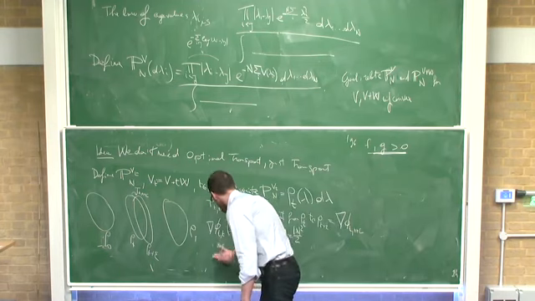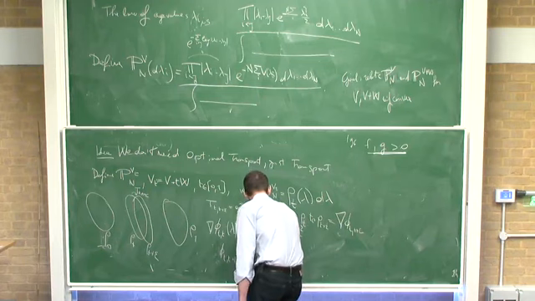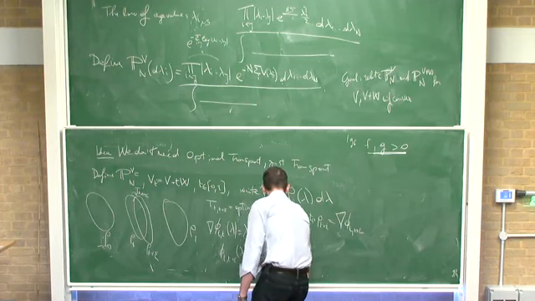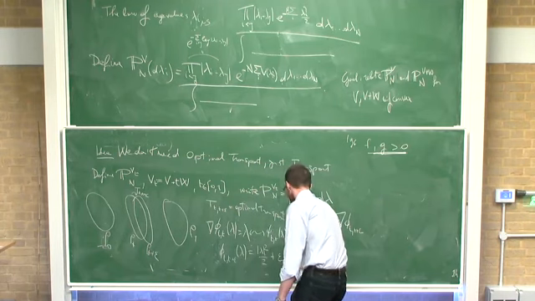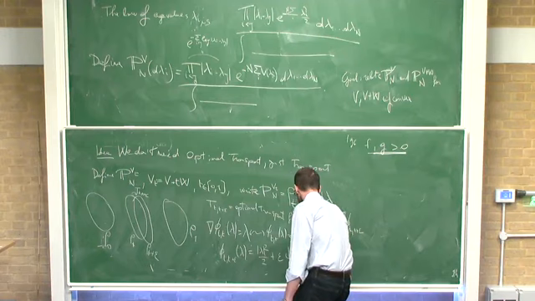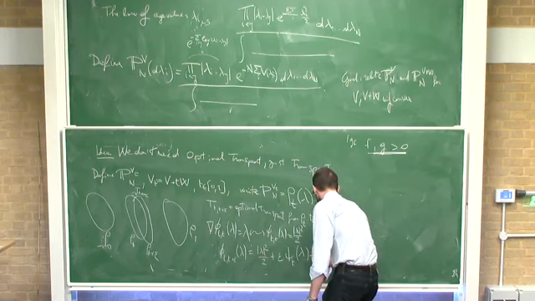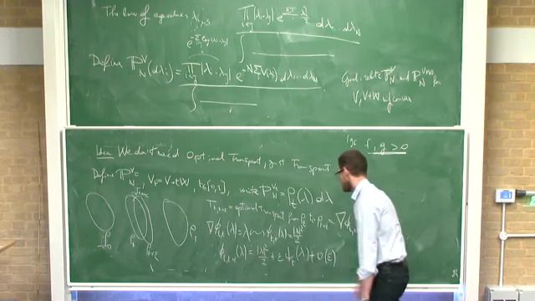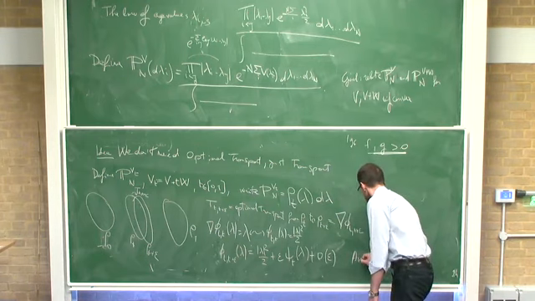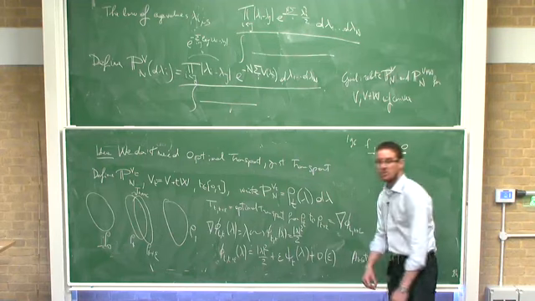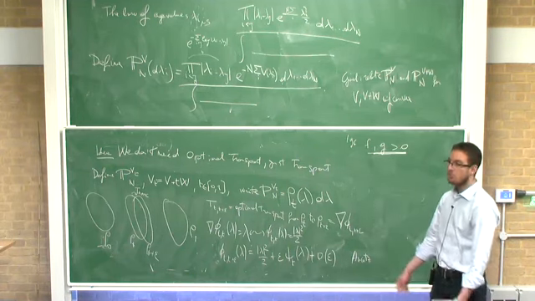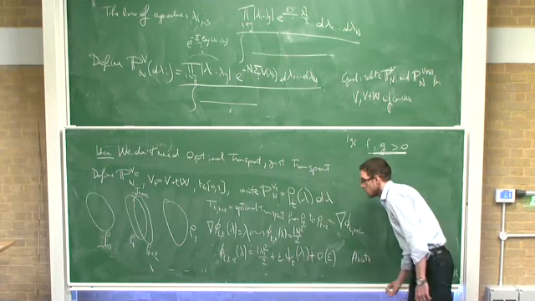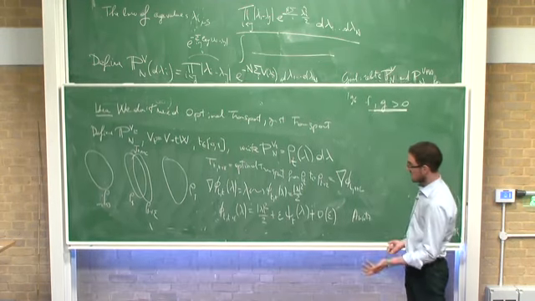And then let me try this way: phi_{t,t+epsilon} I'm going to write as lambda squared over 2 plus epsilon psi_t of lambda plus little o of epsilon. So this is an ansatz. I don't know if this is true, but I can hope that this is true. Okay, I have an expansion for the potential.